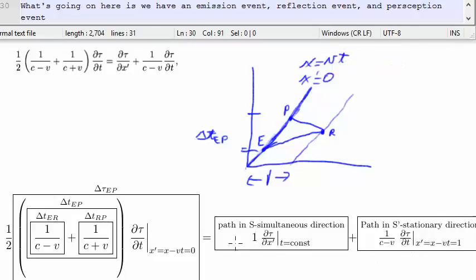Now over on this side of the equation, we've got something else going on. We're taking this in two steps. The path in the simultaneous direction, we're going basically from here to here. And what's going on here is we're going 1 unit in that direction.